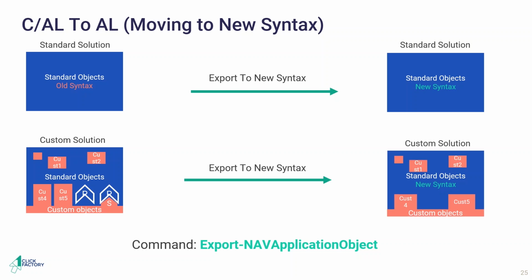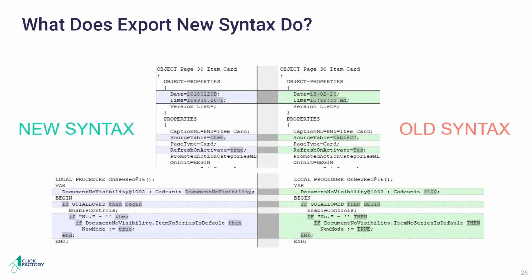And if you would like to ask, how does the new syntax look? This is a text file which compares the new syntax and the old one. Let's take an example of the date. In the old syntax, the date is shown in a specific format, and in the new syntax, the date is shown in a completely different format than before. Also, let's take a look at the source table. In the old syntax, we have the object specific name and also its number.